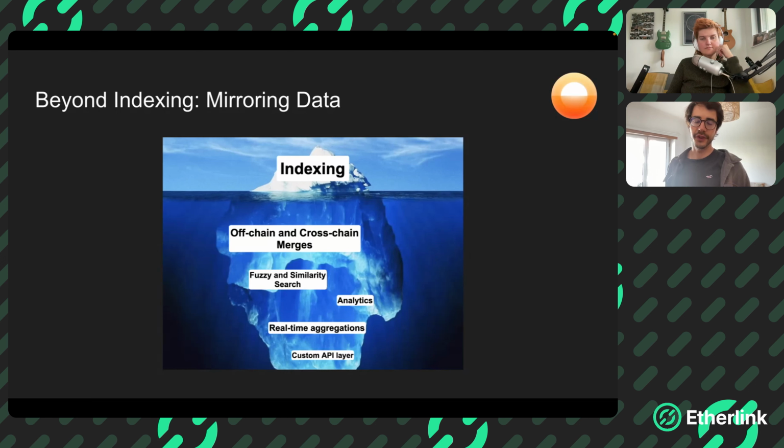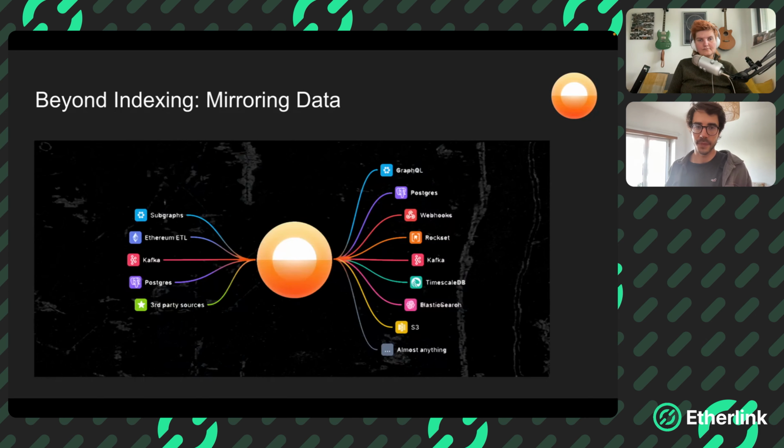For some cases, where you may want to power applications that involve off-chain or cross-chain merges, or you want to do really fast searches, like fuzzy search, or aggregations, or build your own API on top of it, that GraphQL endpoint is not that convenient to work with. Those are cases that we see more and more as companies scale and deal with more complex use cases.